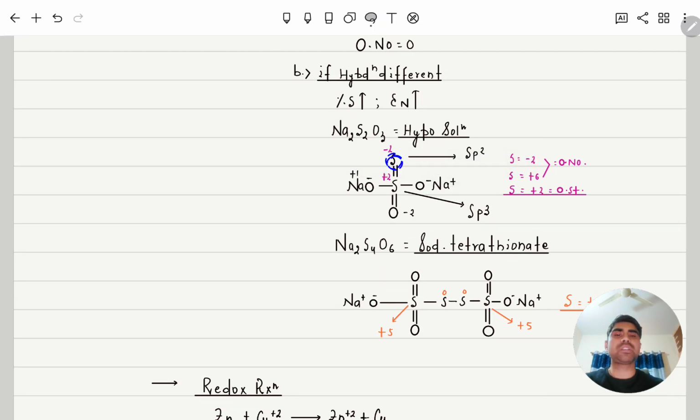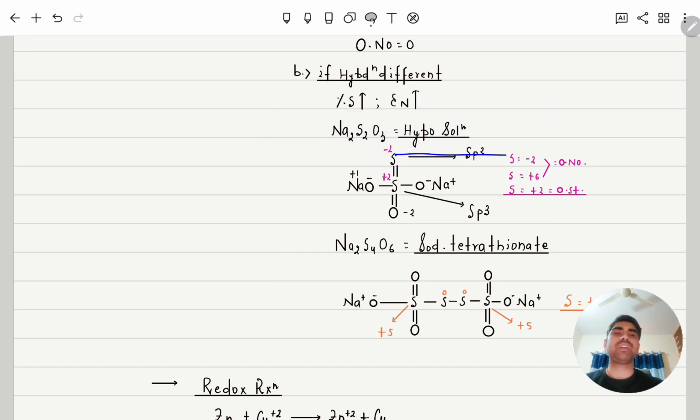Whereas this sulfur has 1 sigma bond and 2 lone pairs, right? Because sulfur has 6 valence electrons, 2 electrons are used here and the remaining 4 are lone pairs. So 2 lone pairs and 1 sigma bond, steric number 3, means sp2.